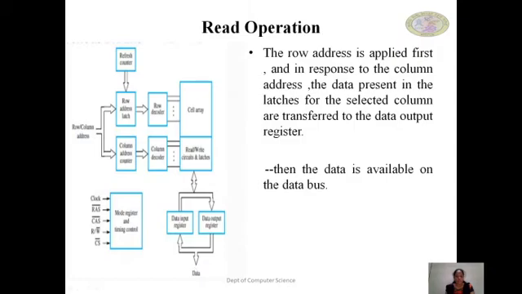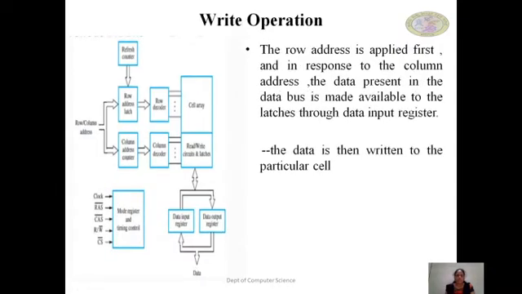Then the data is available on the data bus. In order to perform the write operation, the row address is applied first, and in response to the column address, the data present on the data bus is made available to the latches through the use of the data input registers. Then the data is written to a particular cell in the cell array.